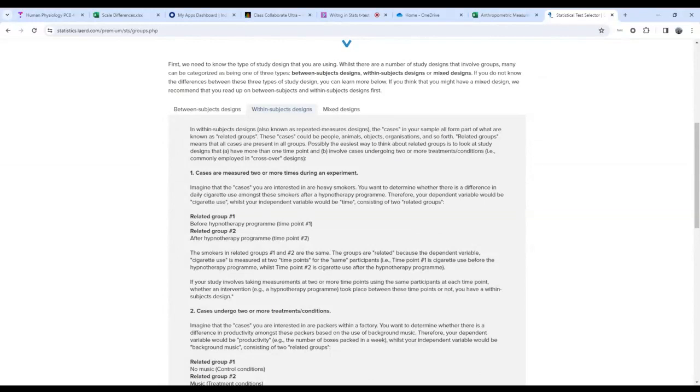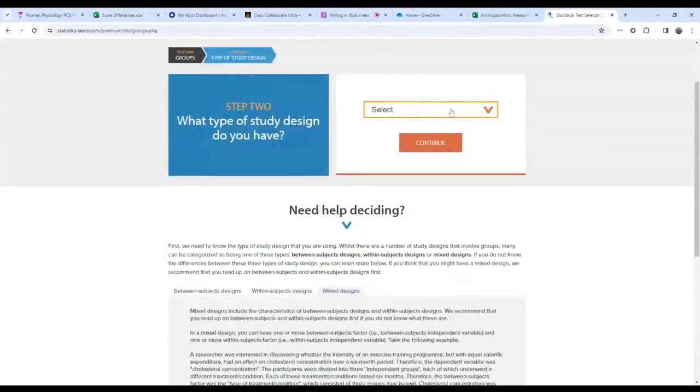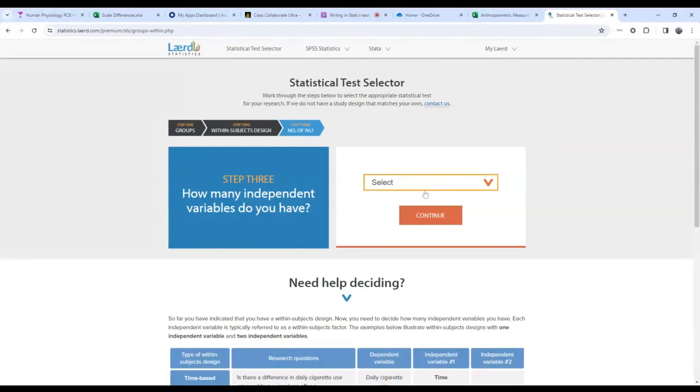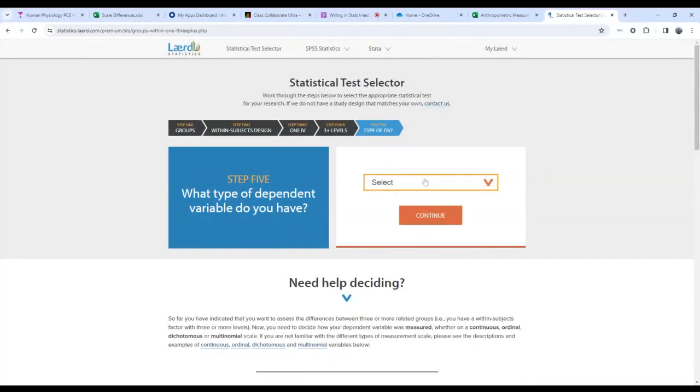So mixed design, kind of a combination of the two. But anyway, let's just say we've got within subjects. Independent variable, let's just say we've got one. Dependent, let's say we've got 3 or more. Dependent variable, we pretty much deal with continuous data.